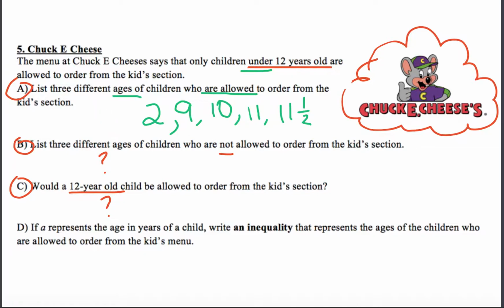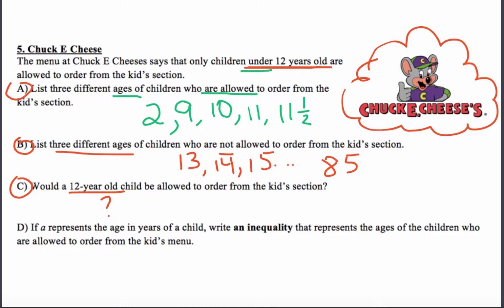If you're not sure if your answer is correct, just bring it in tomorrow. You can ask. B says list 3 different ages of children who are not allowed to order from the kids section. So again, you have to be under 12 years old to order from the kids section. So someone who is 13, 14, 15, or all the way up. Someone who's 85, not allowed to order from the kids section. Any of these ages are examples of 3 different ages who would not be allowed to order from the kids section.